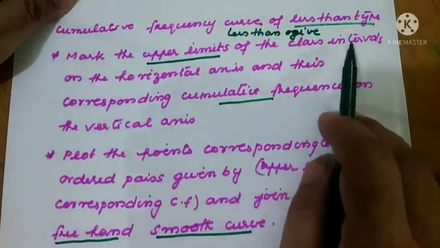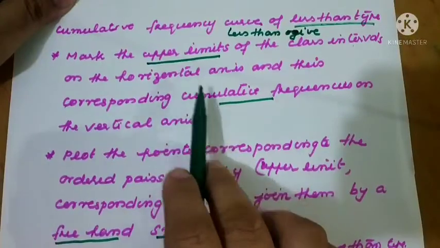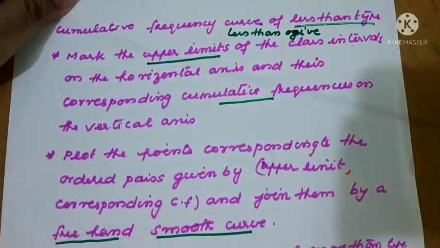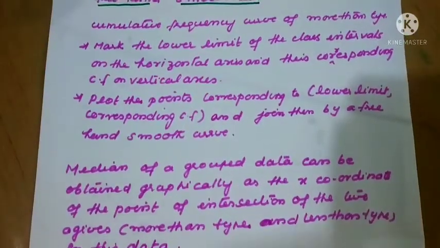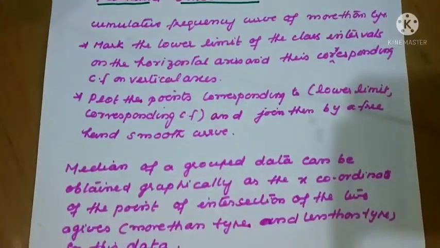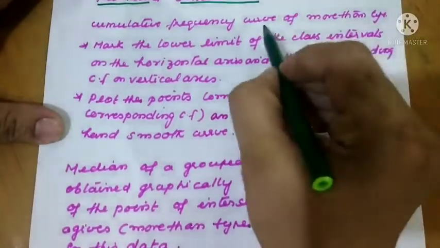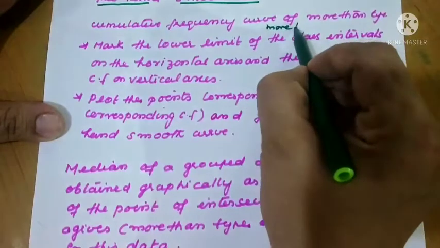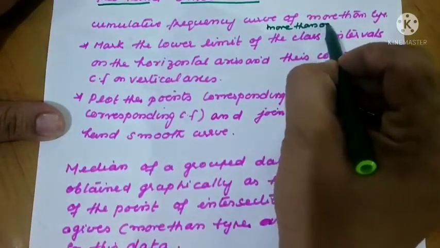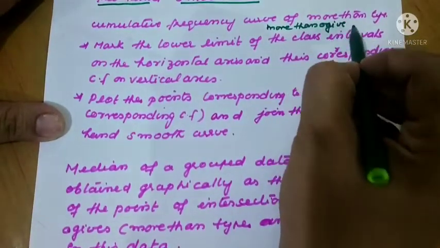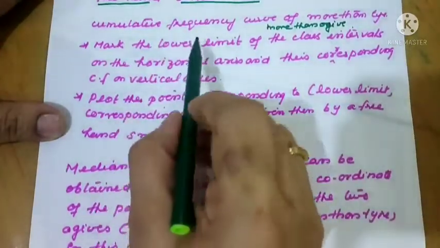So for less than type, we have to take the upper limit on the x-axis and the cumulative frequency on the y-axis. Next is the cumulative frequency curve of more than type. Naturally it will be called a more than ogive. For the more than curve, what are the steps?